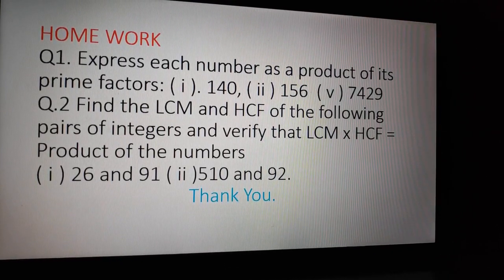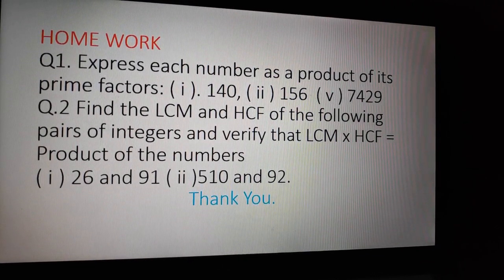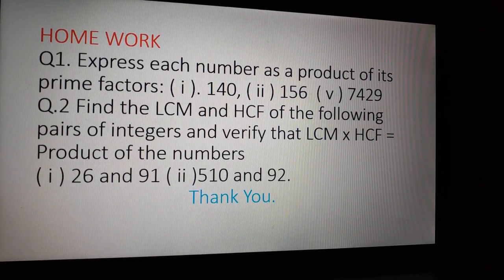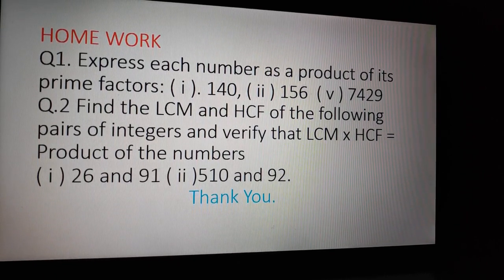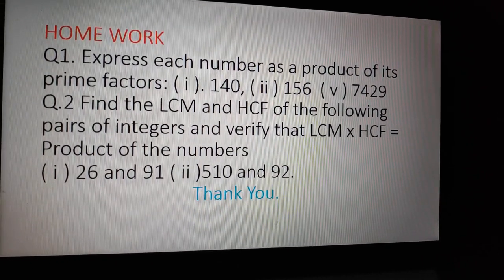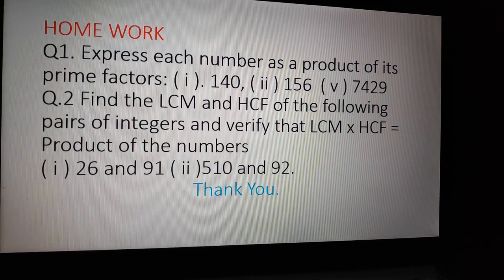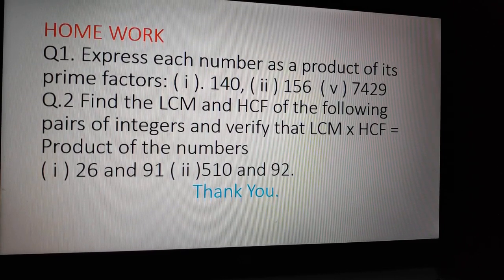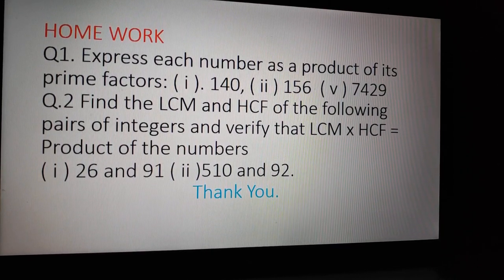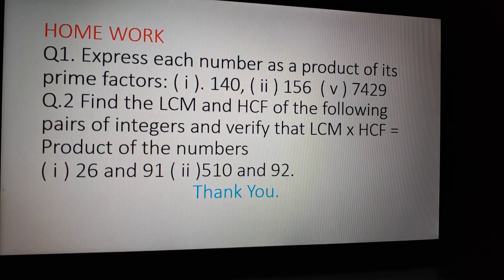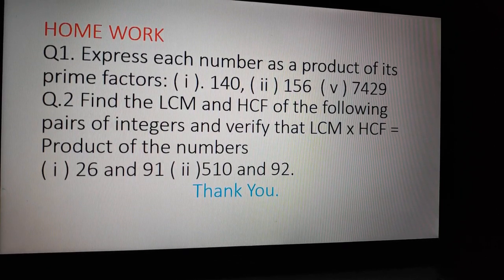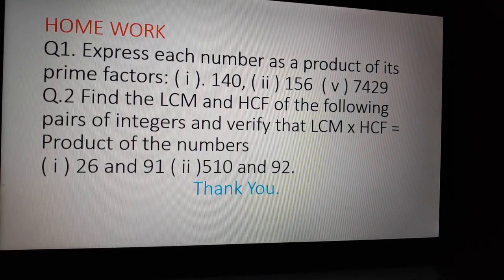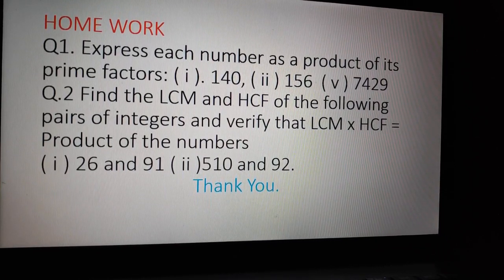Now you practice these questions. Question number 1: Express each number as a product of its prime factors: 140, 156, 7429. These are the 3 questions left over from question number 1, exercise 1.2. Then question number 2: find the LCM and the HCF of the following pairs of integers and verify that LCM into HCF is equal to the product of the numbers.